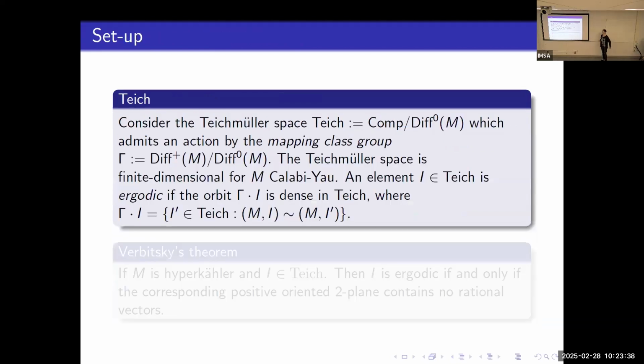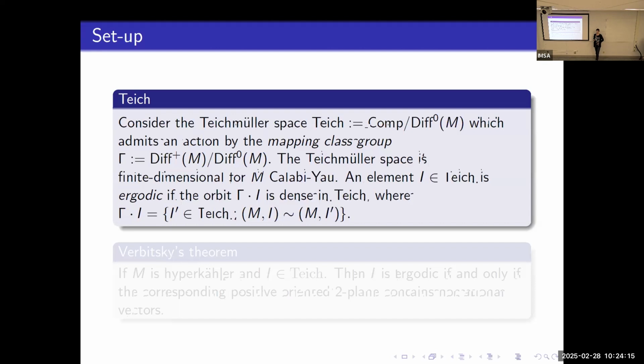Okay, so now what are some of the ideas of the proof? Well, first we'll be working with the Picard space, which is a moduli space of complex structures. So instead of working with the moduli space of marked hyperkahlers, we'll just be working with the classical Picard space, because the Torelli theorem we have for hyperkahlers is on the Picard space.